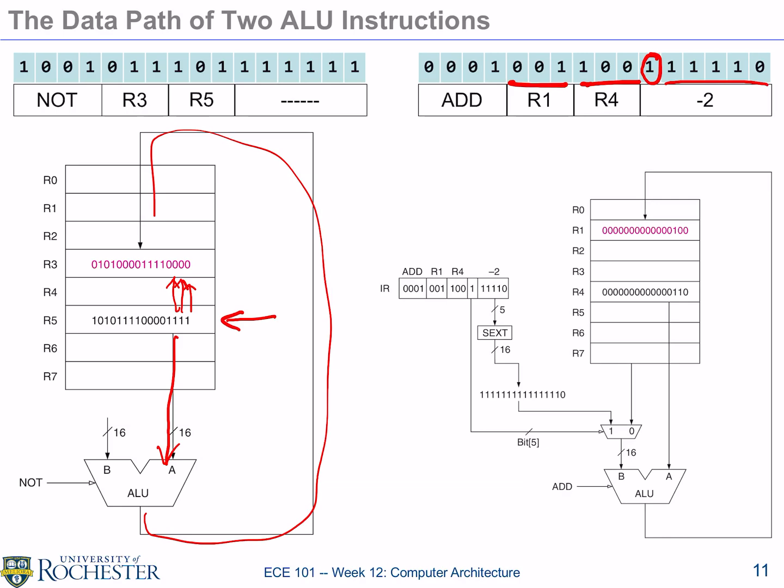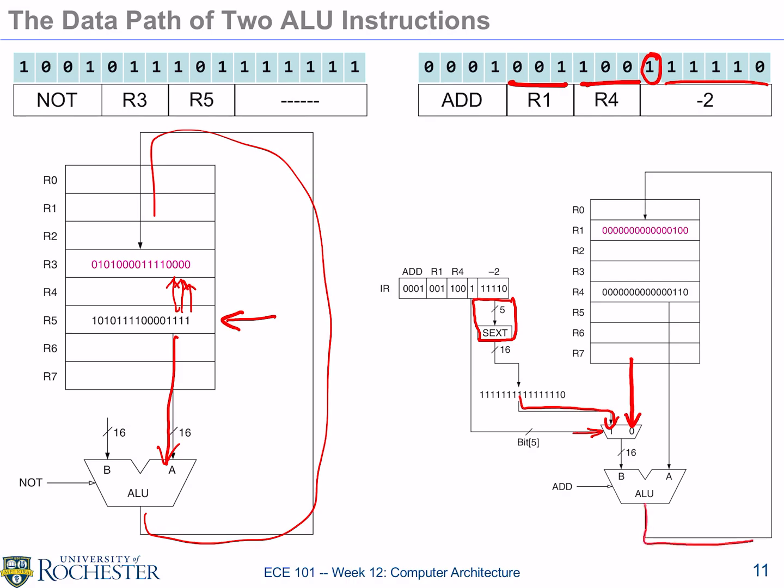The last 5 bits are in fact always sent through a sign extender to be ready for computation, again in LC-3. But we use bit 5 to decide whether to use it at all. So that's the control to your multiplexer. You can use a source register, or you can use the extended immediate value.